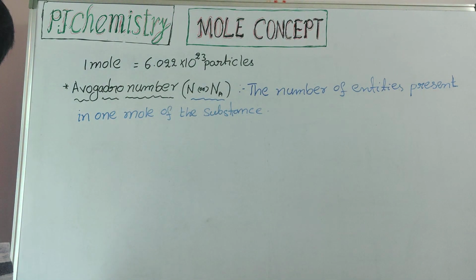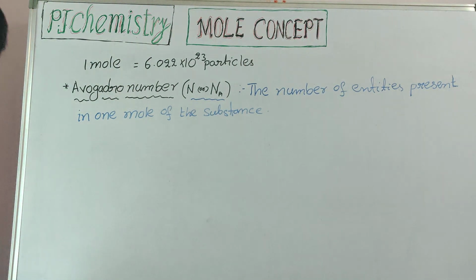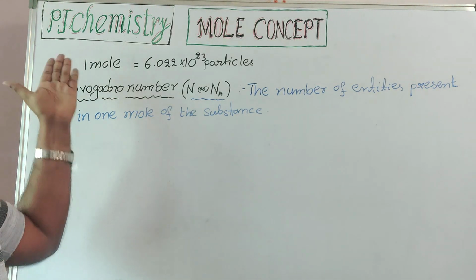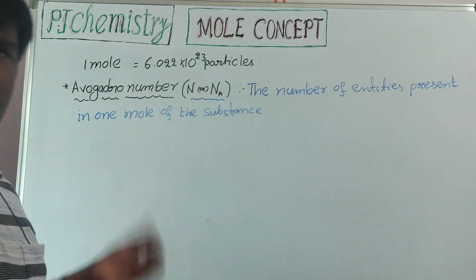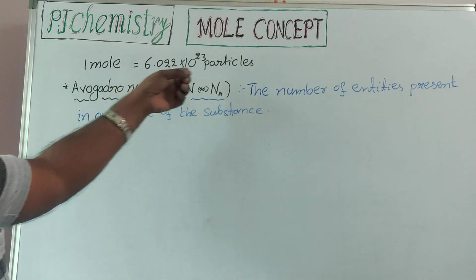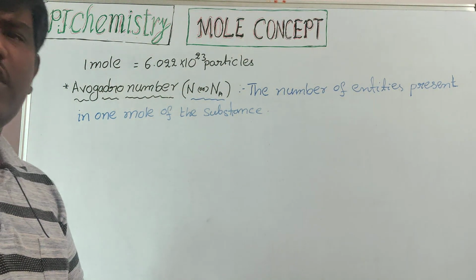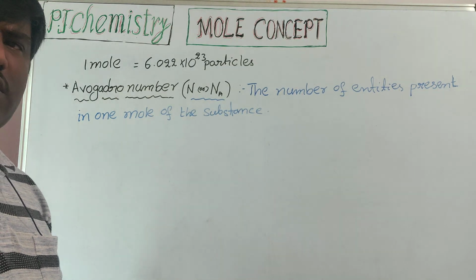If we take one mole of the substance, how many particles are present in it? That is what Avogadro number tells. Indirectly it means one mole of particles only. One mole is nothing but 6.023 particles, which we already calculated. If anyone doesn't know, please watch the previous video.